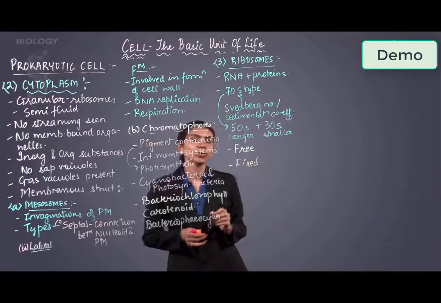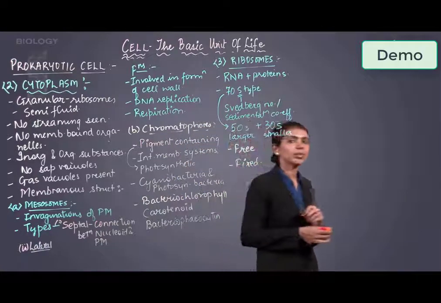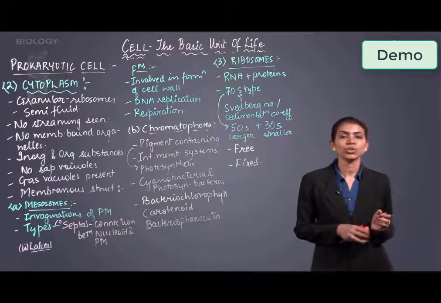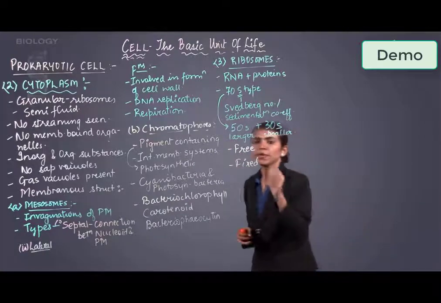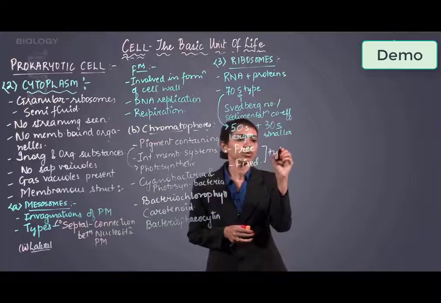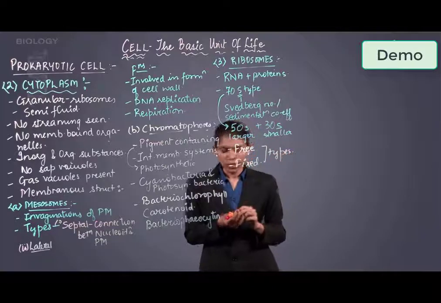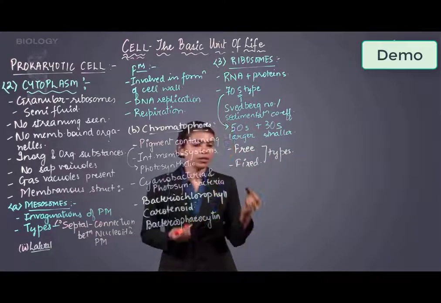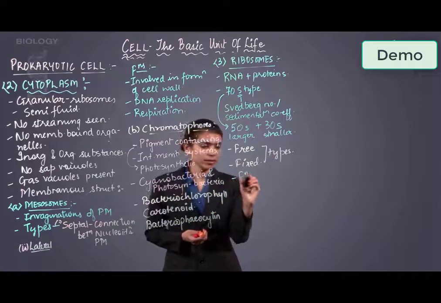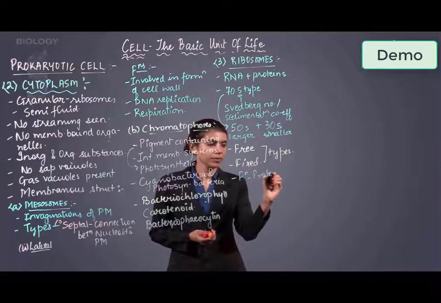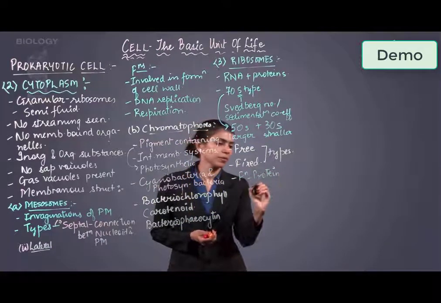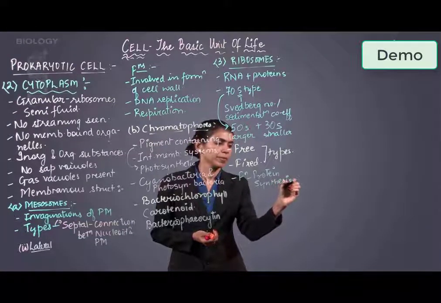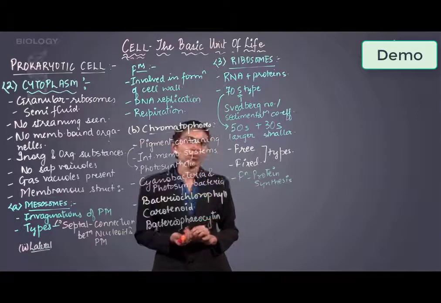The fixed ribosomes help in protein synthesis, which are then transported to outside the cell. So we have these 2 types of ribosomes. Main function, as I mentioned earlier, is protein synthesis. So that was about ribosomes.